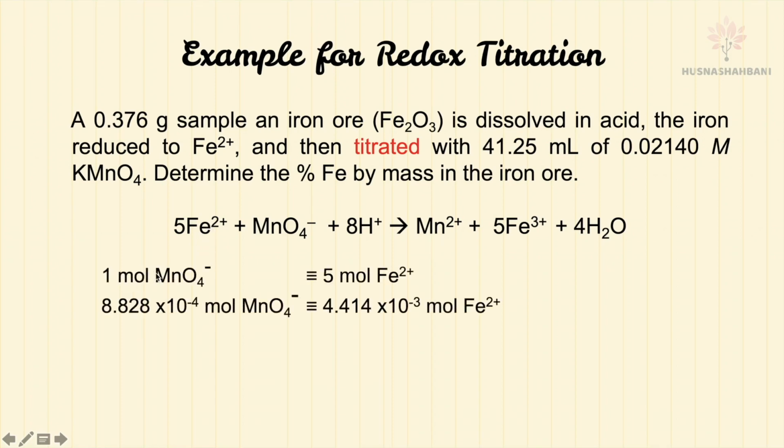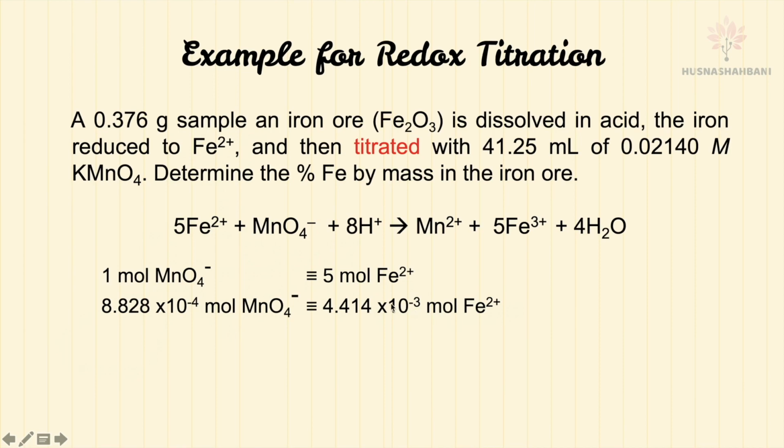So 1 mole of MnO4- is equivalent to 5 mole of Fe2+, because it's reduced to Fe2+. So 8.828 times 10 to the power of negative 4 mole MnO4- is equivalent to 4.414 times 10 to the power of negative 3 mole Fe2+.